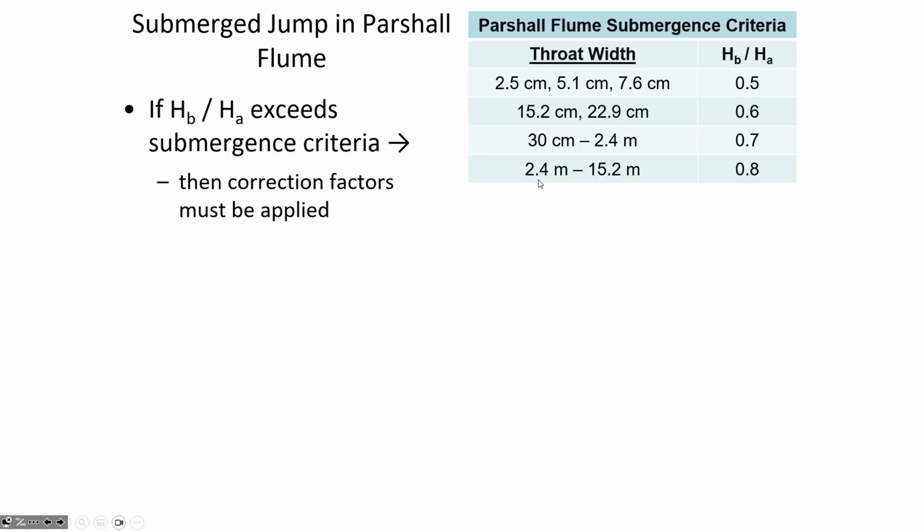So the process of calculating the flow rate in a Parshall flume is to first look at the ratio of the throat depth of flow to the upstream flow depth in the converging section. There are criteria beyond which the hydraulic jump is considered submerged, and that's where a correction factor has to be applied. But if the ratio is less than these limits, then no correction factor is required.